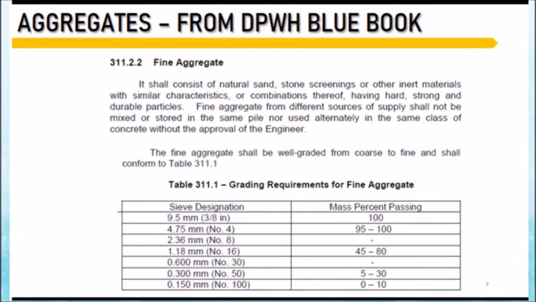So the fine aggregates shall be well graded from coarse to fine and shall conform to Table 311.1, which is the grading requirements for fine aggregates. So, dito makikita natin meron tayong Sieve designation and the mass percent passing. So, before we discuss this table, alamin muna natin yung aparatos na ginagamit, especially this Sieve.